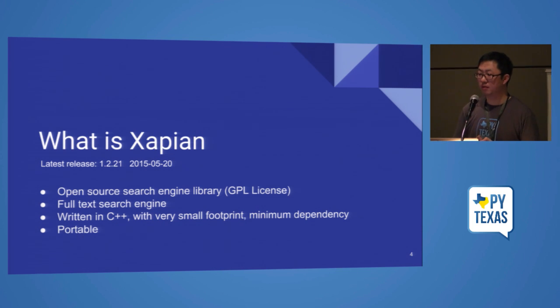Xapian supports multiple languages, including Perl, Python, C#, Java, Node.js, and many more. And it's cross-platform, so we can install Xapian on Linux, Mac OS, and Windows.